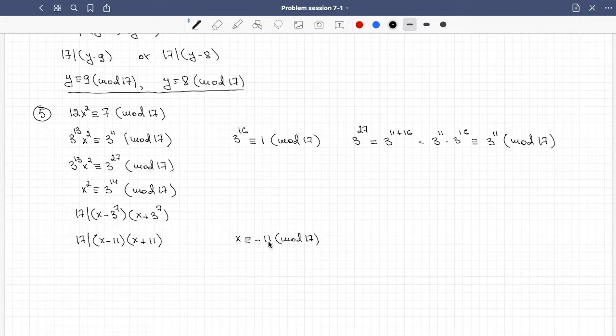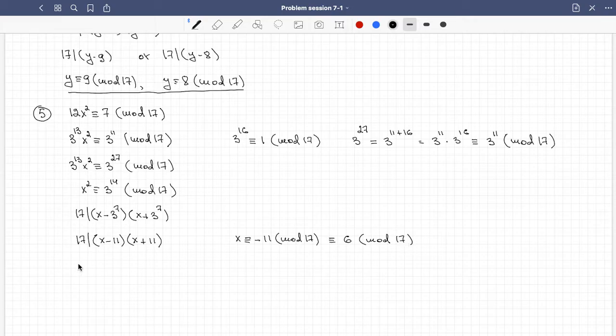Negative 11 is the same thing as 6. This is congruent to 6. Indeed, 6 plus 11 is 17, so negative 11 is congruent to 6 modulo 17.